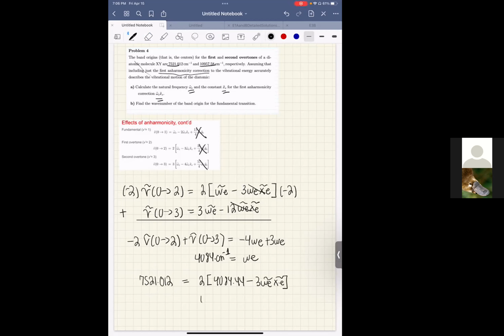From here, we find out what ωeXe is equal to, and then we can plug that in to find that Xe is equal to 2.64 times 10 to the negative 2.